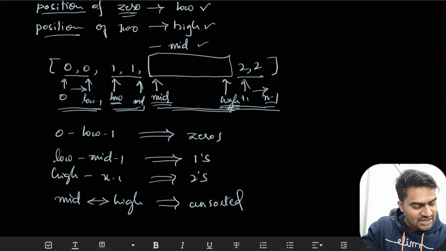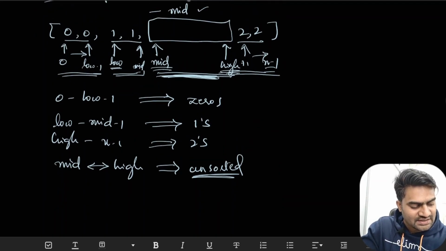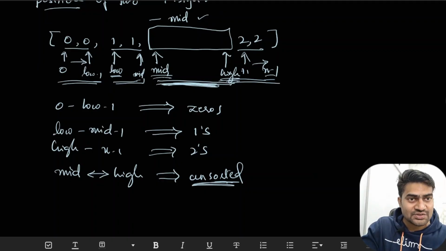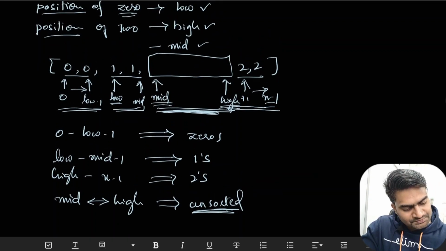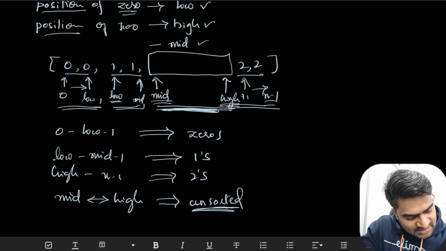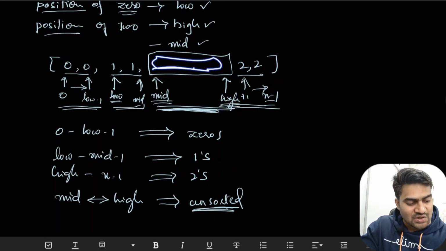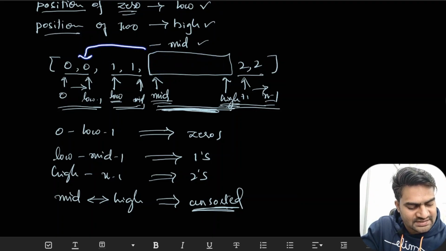So basically, we will use this particular logic, these unsorted values, to again sort them. So we will have to shrink this unsorted part. Now if you see, at any point, if this is the part I am trying to sort, and I get a 0 here, then I should know where to put that 0, somewhere here.